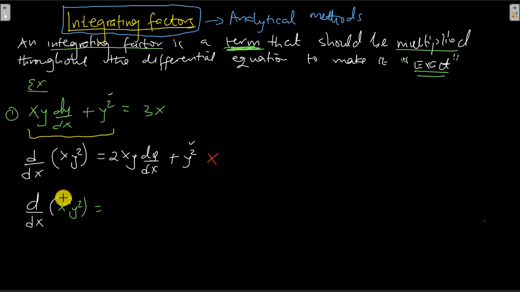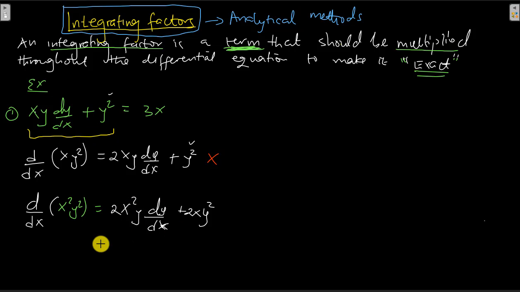If I keep x² as a constant, then we'll have 2y dy/dx, plus, if we keep y² as a constant and find the derivative of x² with respect to x, that's going to be 2x. Now this also does not look like our equation, so this is not yet the exact differential.